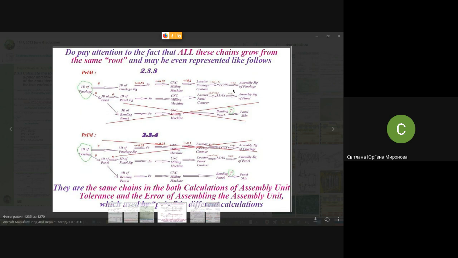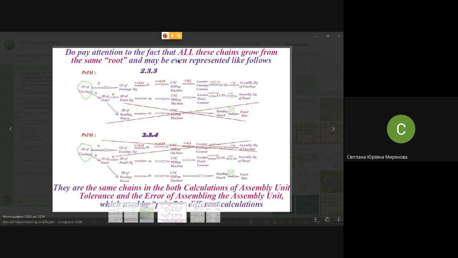Practically, it comes about the diagram of assembling and coordination, which you have in your bachelor work. And what do you see now, like chains of size transferring? It's just rotated by 90 degrees. It's just a rotated picture of the diagram of coordination.